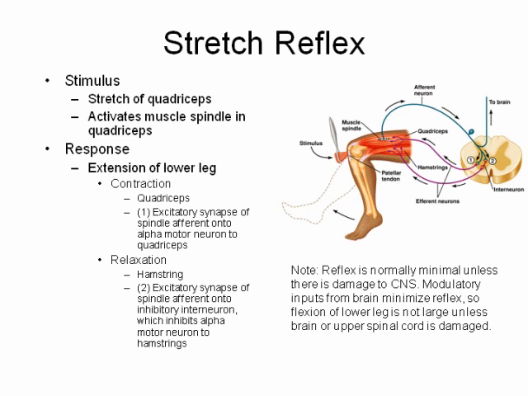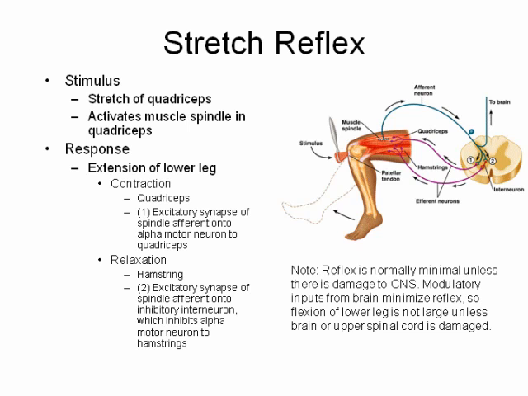But the response itself consists of a contraction of the quadriceps and a relaxation of the hamstring muscle. And of course, because we have contraction here with no contraction of the hamstring, this is going to pull on the insertion point here of the patellar tendon, swinging the lower leg upward.